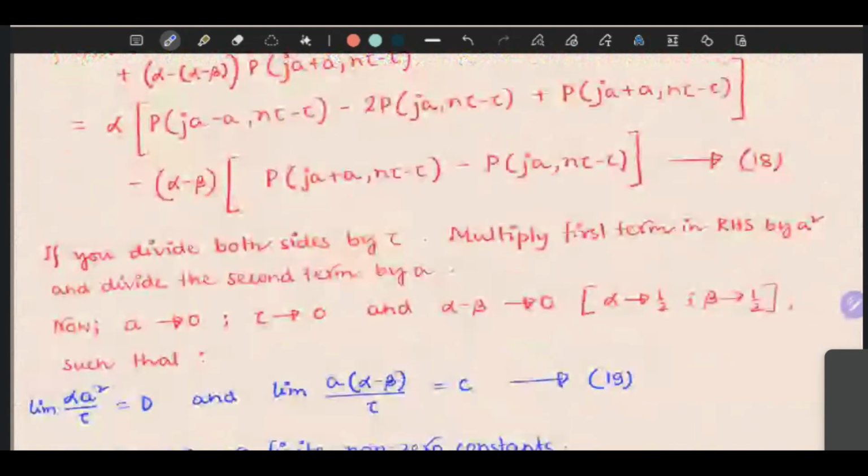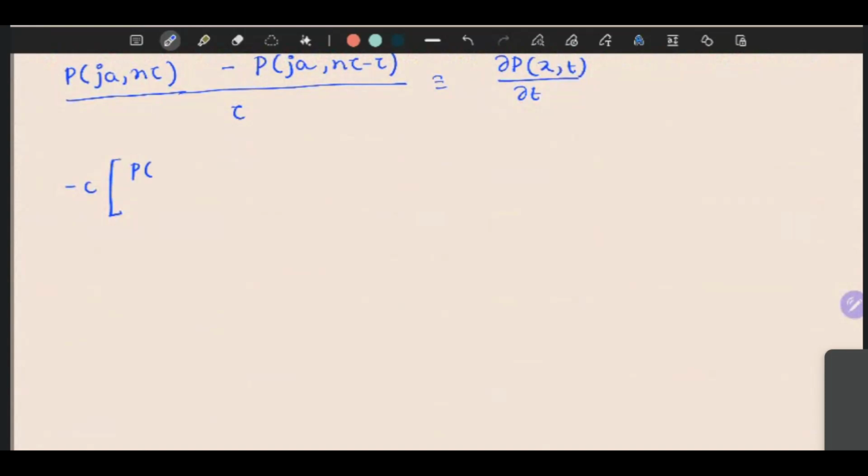So p J A plus a n t minus tau minus p J A n t minus tau, sorry, this is divided by a.